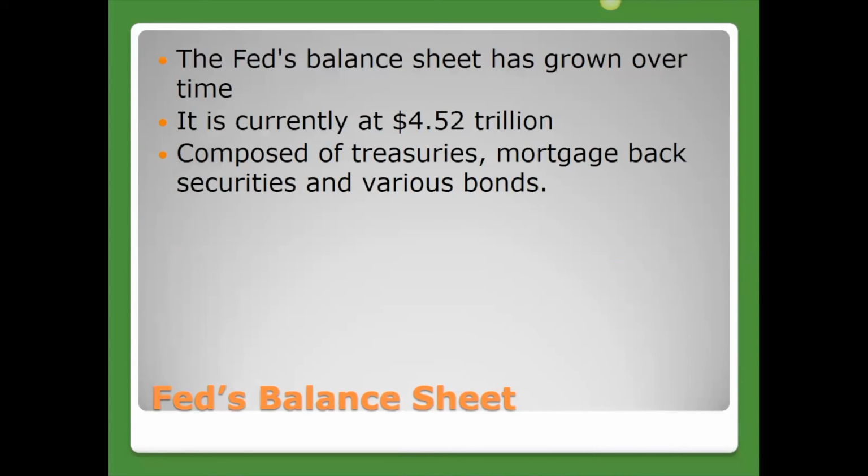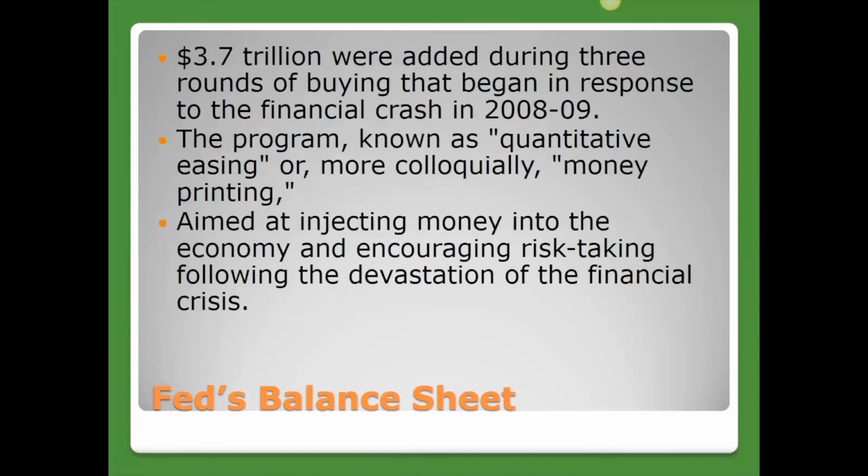This consists of treasuries, mortgage-backed securities, and different types of bonds that the Fed has bought in the open market so that they can put money into the market. Because they are buying these things, it creates demand for these things. And as a result of that, the prices of these assets will continue to go up, and it just creates that flow of money in the market.